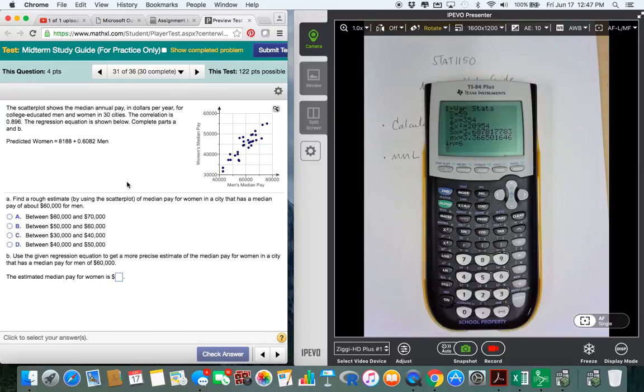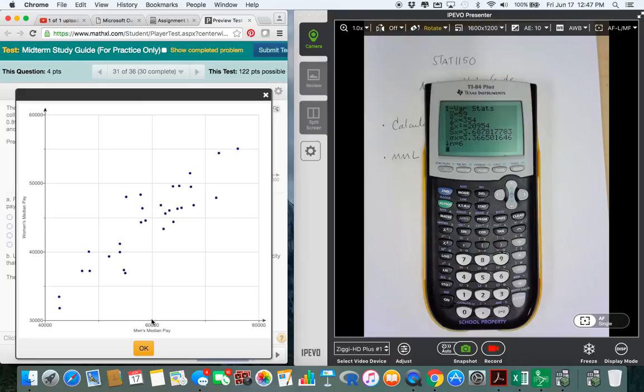All right, the scatter plot shows the relationship between men and women. Okay, that's interesting. So we have the regression equation. Find a rough estimate of the median pay for women in a city that has a median pay of $60,000 for men.